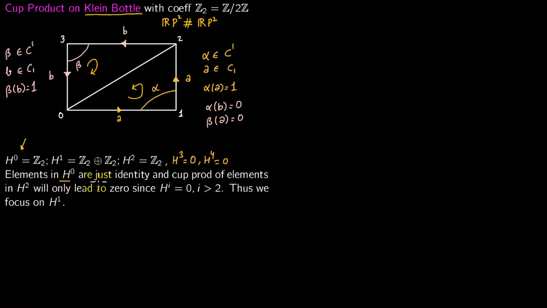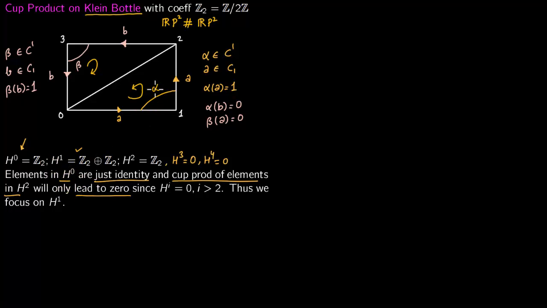Cup product with elements of H2 leads to 0, since you land in H3 or H4, which is 0 because the grading adds. So this forms a graded ring, and we only focus on H1.